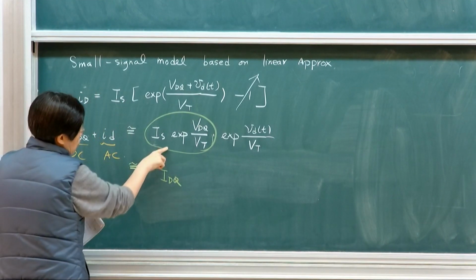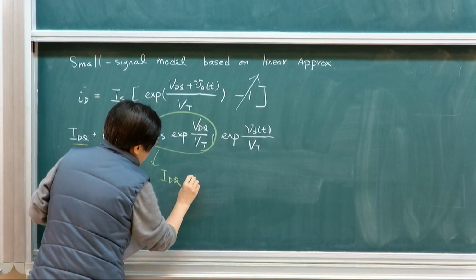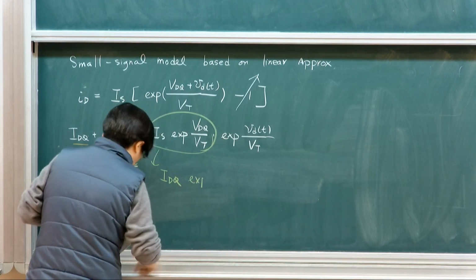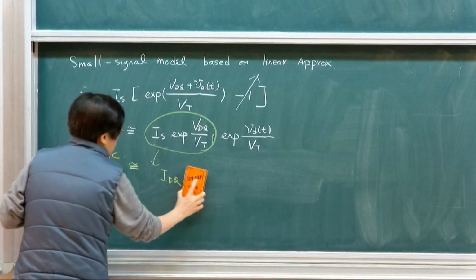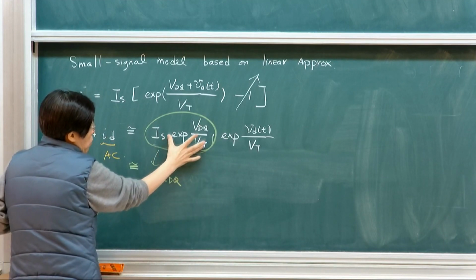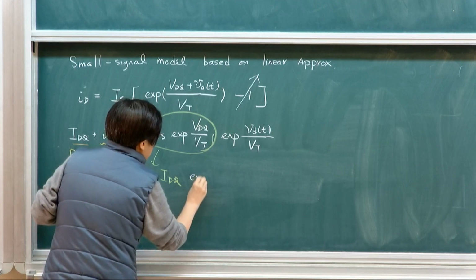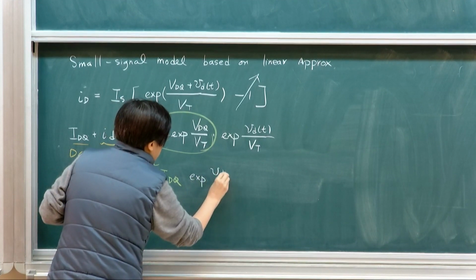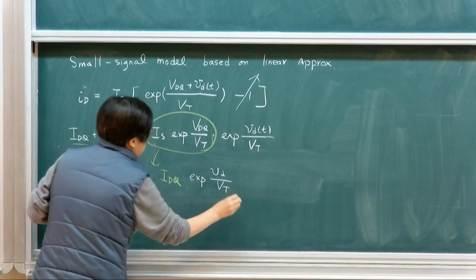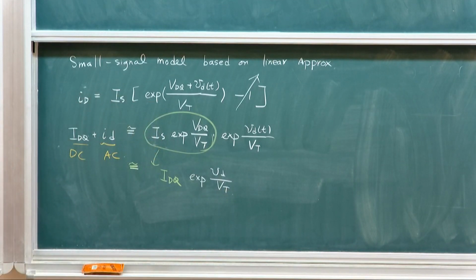So your equation is approximately IDQ, where the first exponential part is IDQ, times exponential VD over VT.